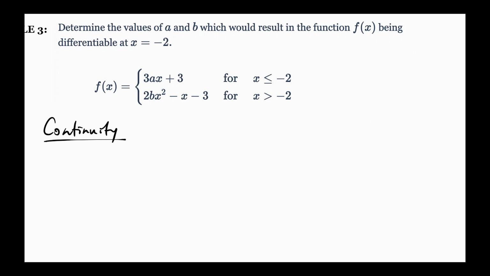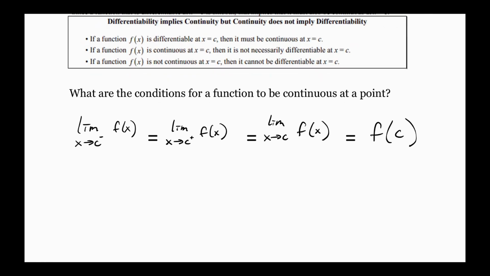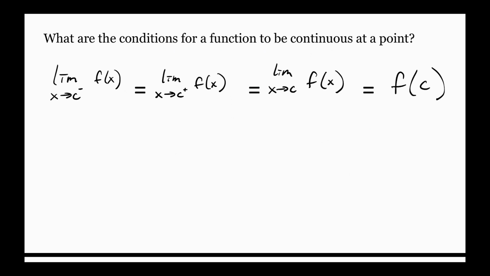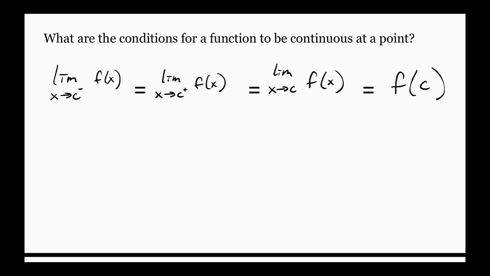So continuity. Remember, this is the rule for continuity. All of these have to be equal to each other. The limit of the original function coming from the left has to be equal to the limit of the original function coming from the right. If these two are equal, this has to be the same number. And then this number here is just what you get when you plug in at that point.